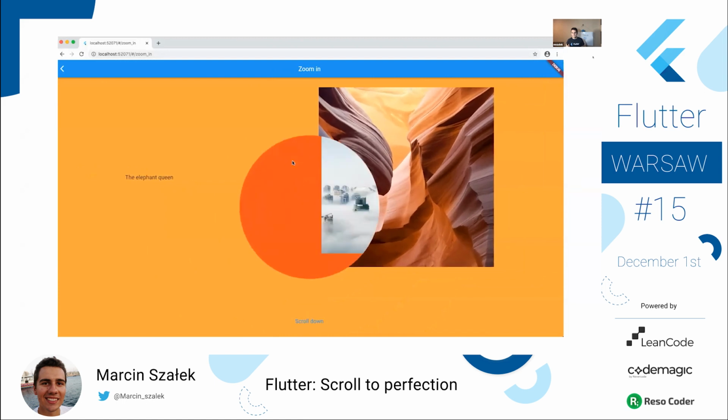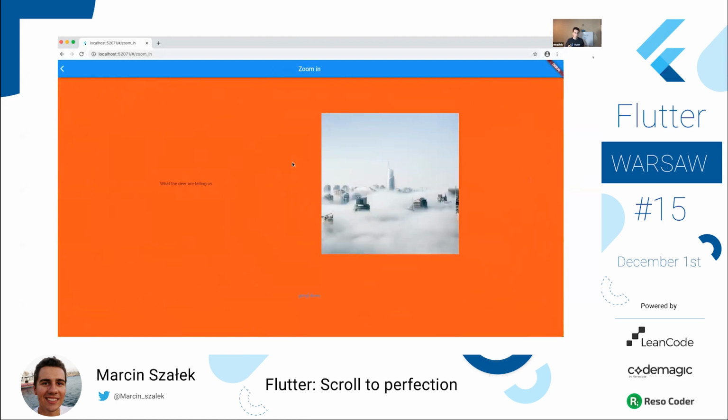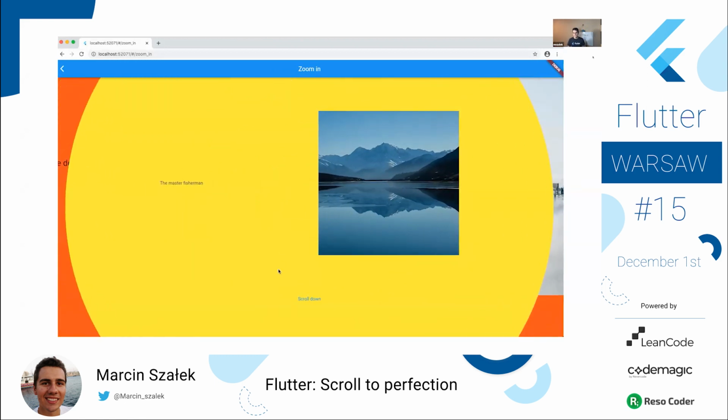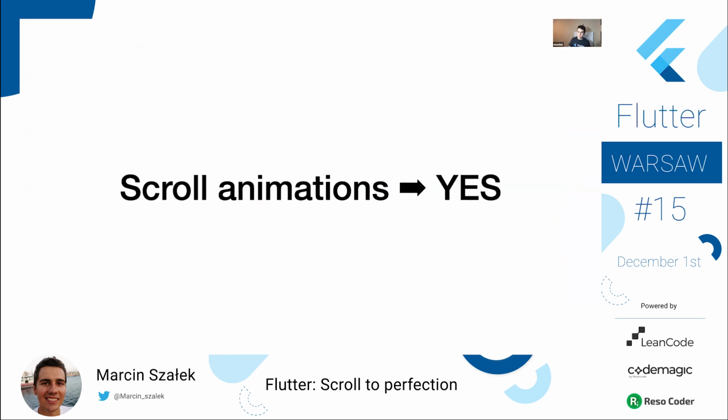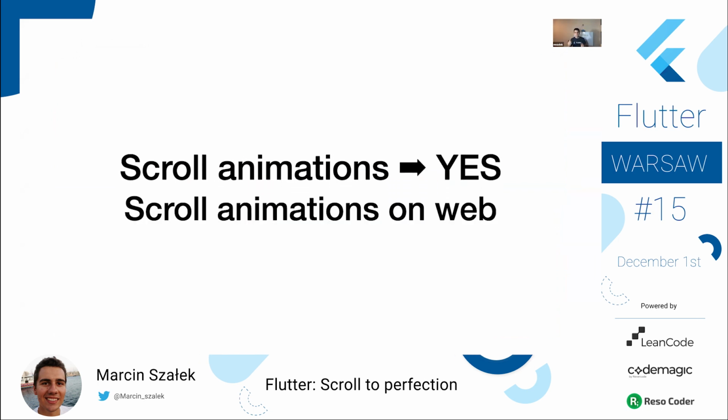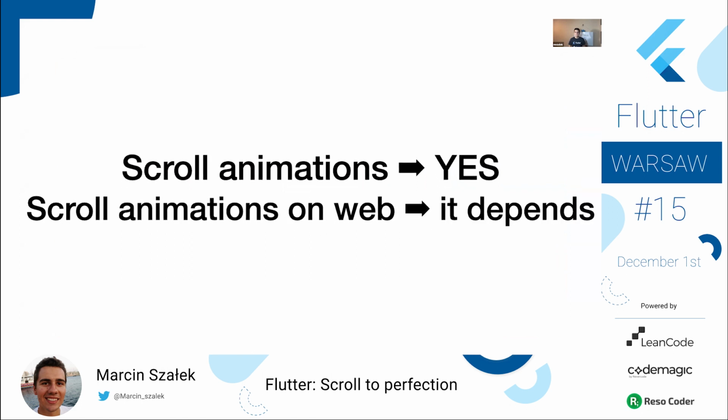And I don't think you would really want to have it in your application. So in general, I believe that scroll animations, yes, you can do it in Flutter. However, scroll animations on web, it depends. It depends, and you always need to remember that you have to handle the scroll wheel, which is problematic.